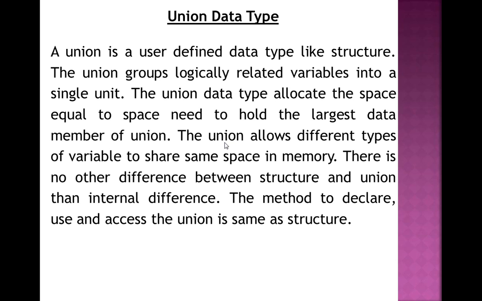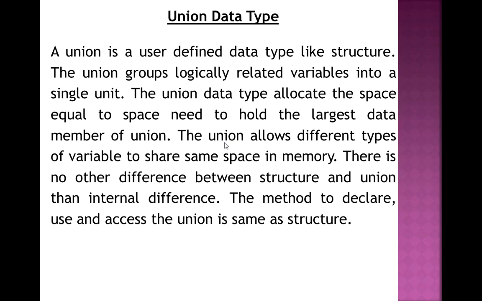The main difference is that in a structure, the different elements are allocated different amounts of memory, depending on their size. Int takes 2 bytes, float takes 4 bytes. But a union allocates the largest amount of memory.